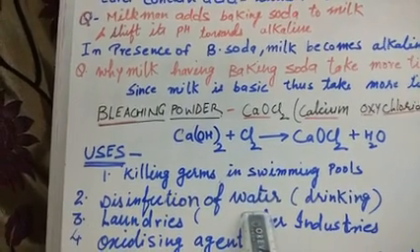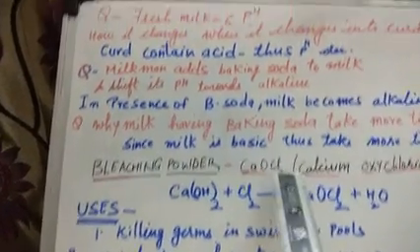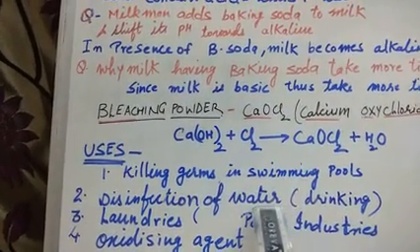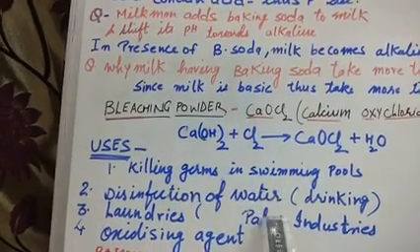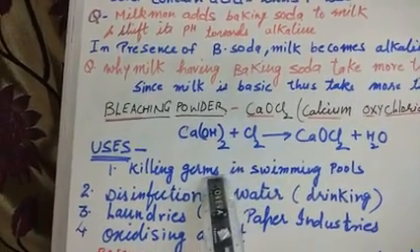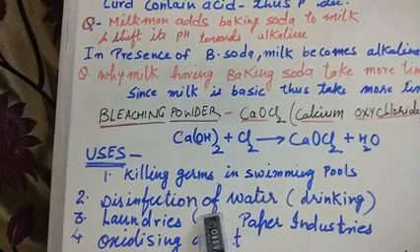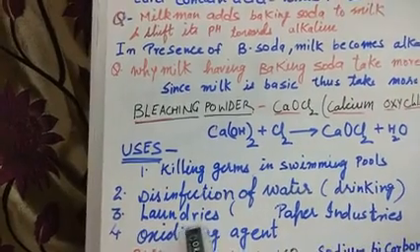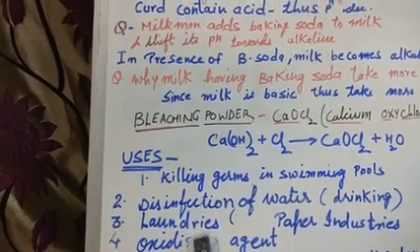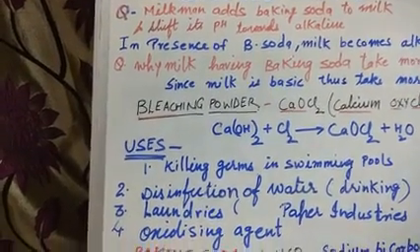It purifies the water. So this bleaching powder contains Cl2. As it comes in contact with atmospheric air, it starts evolving Cl2 gas, and that is responsible for killing germs, for purification of water. Okay. Next, in laundries also, this bleaching powder is used.